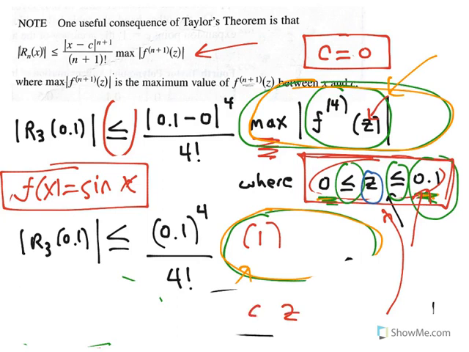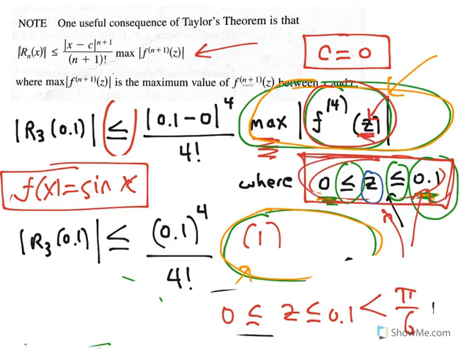So we have z between 0 and 0.1, and we know that 0.1 is going to be less than pi over 6. So if we evaluate the fourth derivative at pi over 6, for sure it will be greater than the fourth derivative evaluated at a z value from this interval. So we're being super safe.